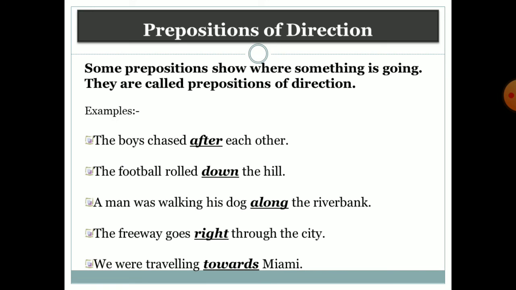Here the word after shows the direction. Then the football rolled down the hill. Then a man was walking his dog along the river bank. The freeway goes right through the city. So these are the few examples of prepositions of direction, which establish the relation of direction.